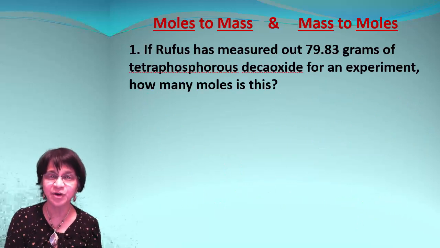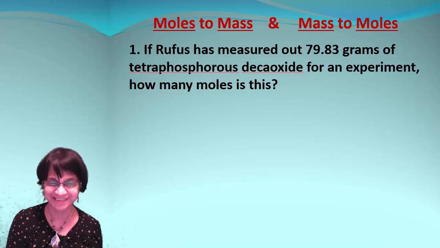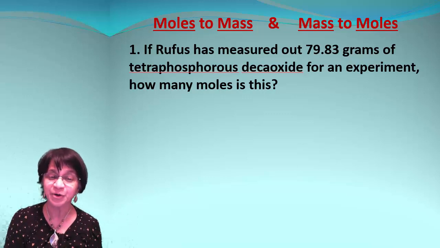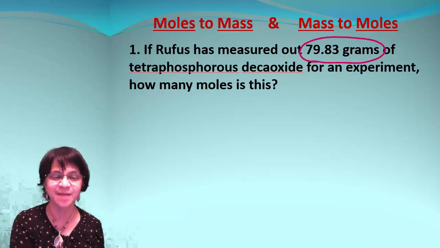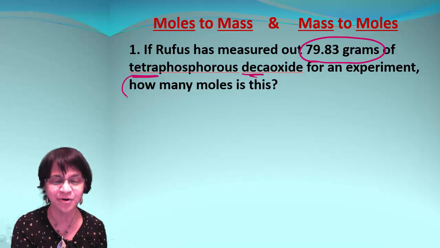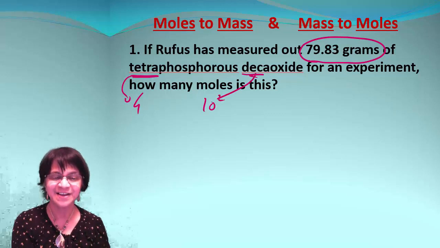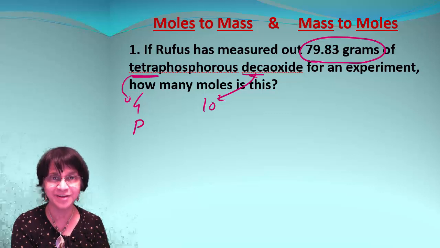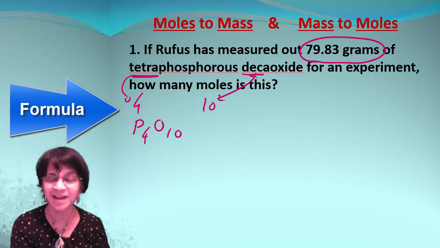So let's move on now from moles to mass and mass to moles for compounds. Here's our first example. Rufus has measured 79.83 grams of a compound, which is tetraphosphorus decoxide. What does tetra stand for? Tetra stands for 4. And what does deca stand for? That stands for 10. So your compound will be phosphorus, which is tetra, that's 4, and oxide, O, will be 10.